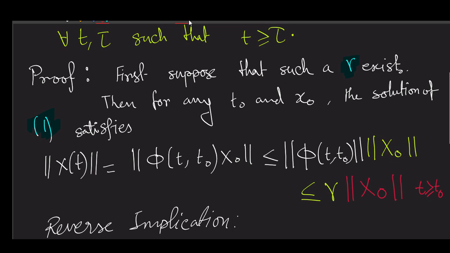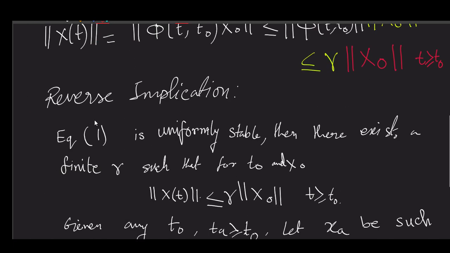Okay. Now the reverse implication. What we did was consider that the gamma does exist, and then prove that 1 is uniformly stable.